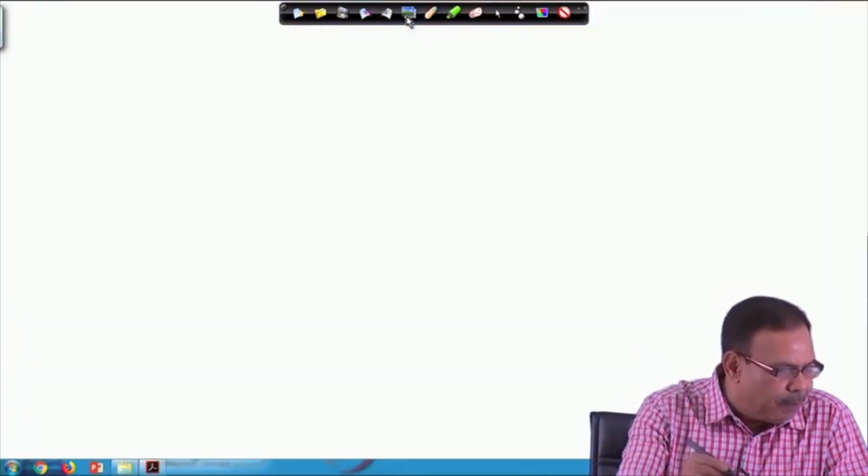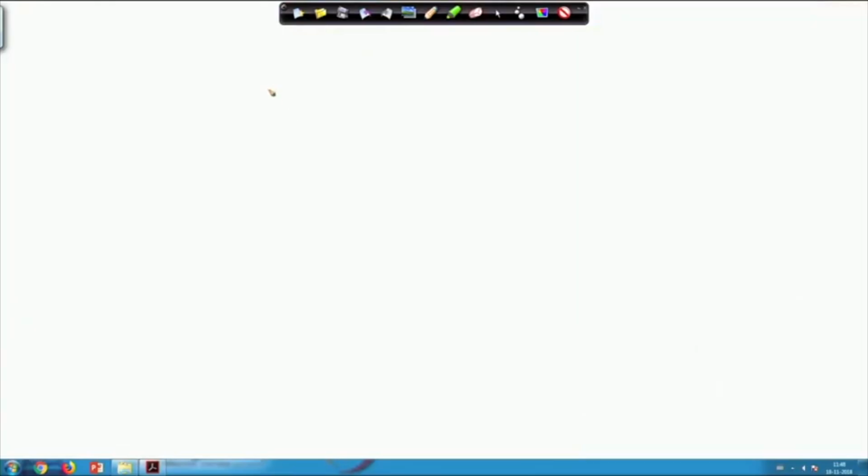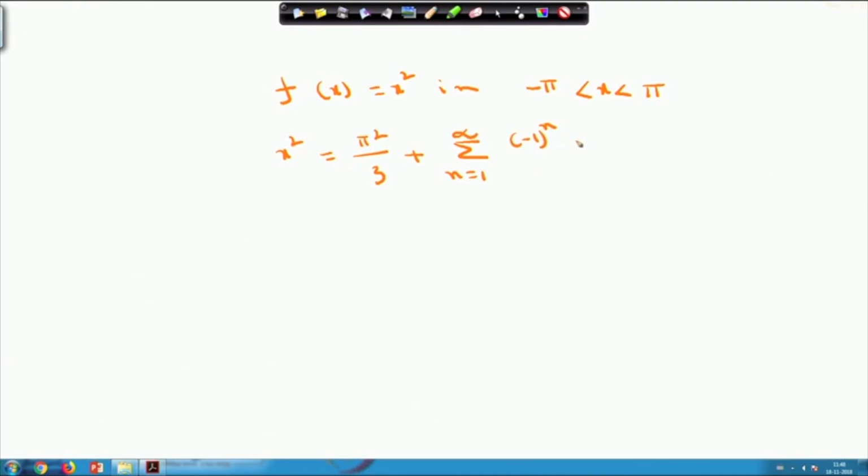If you remember, the Fourier series expansion of f(x) equals x square, where x lies between minus pi to pi, is x square equals pi square by 3 plus summation n equals 1 to infinity of minus 1 whole to the power n into 4 divided by n square into cos nx.